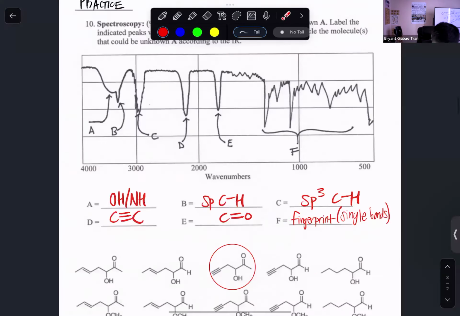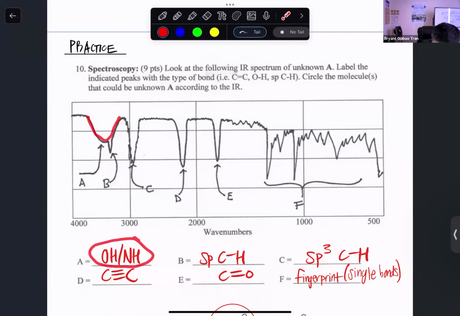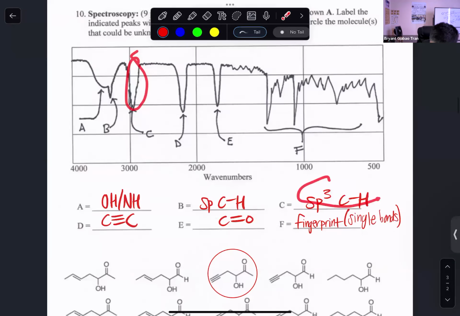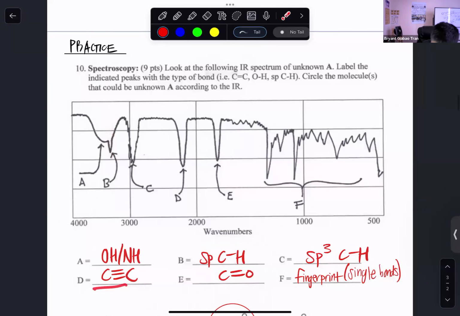So we see A is that broad peak at 3300, which is the OH or NH bond. B is the sharp peak at around 3300, so that's the sp carbon hydrogen bond, the terminal alkyne hydrogen. C is the regular sp3 carbon hydrogen peak. D is the triple bond region, so it could be C triple bond C or C triple bond N. I think she would have accepted that as well.